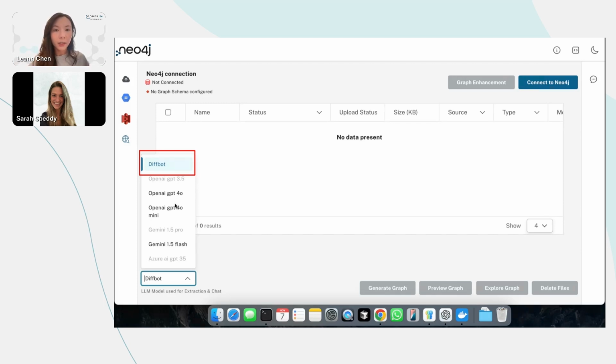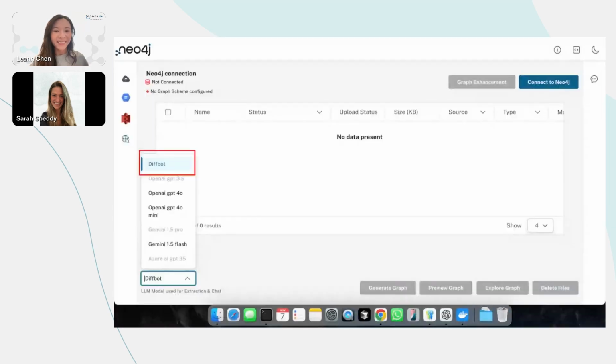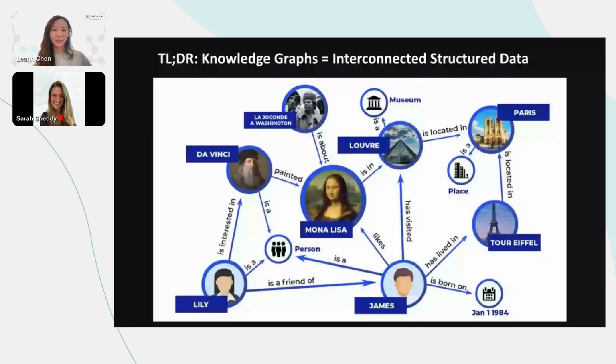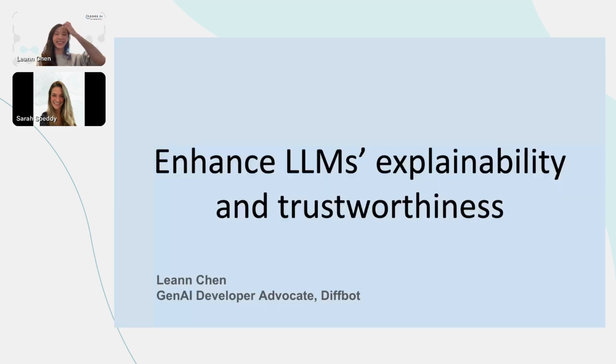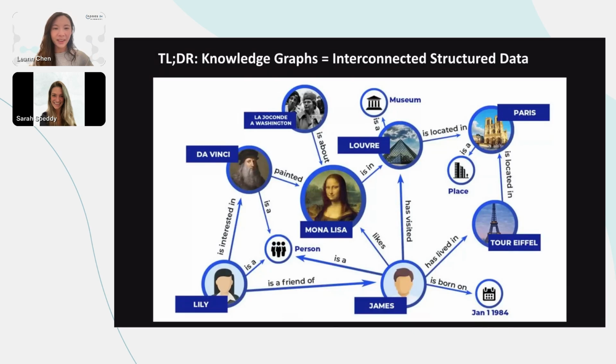Sorry, Leann, just to interrupt. I think you're screen sharing the wrong screen. Just wanted to inform you. Oh, I'm so sorry. No worries, thank you. Probably you guys haven't seen this. Can I share another tab that I have, because I've been switching around the tabs a little bit.